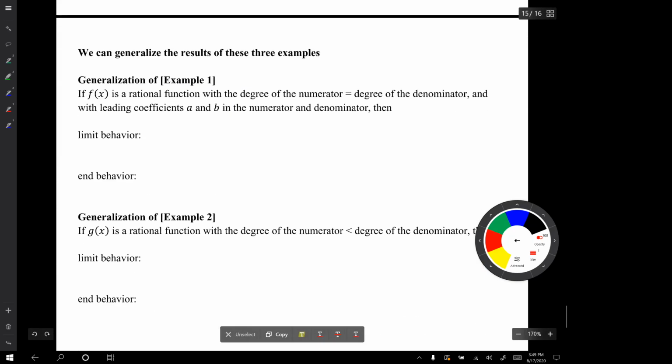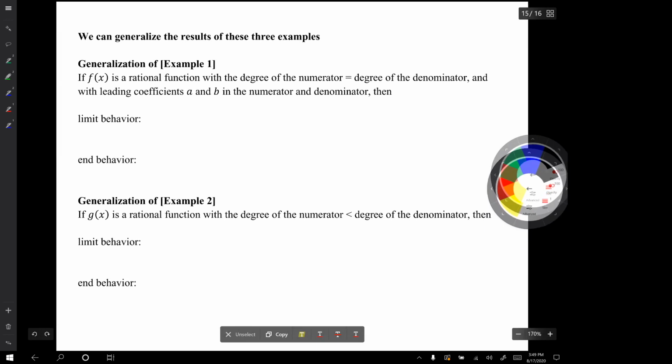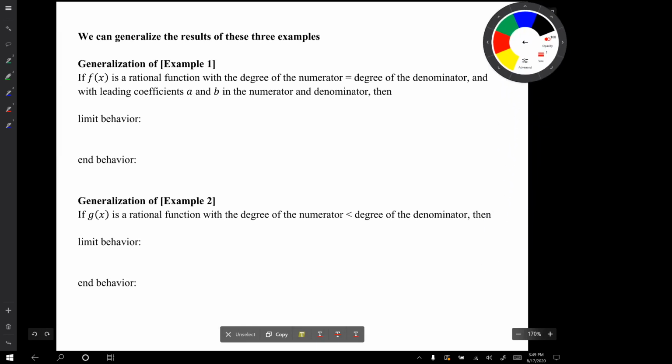Now we can generalize the results of these 3 examples. A generalization of example 1: if f is a rational function with degree of the numerator equal to the degree of the denominator, and with leading coefficients a and b in the numerator and denominator.